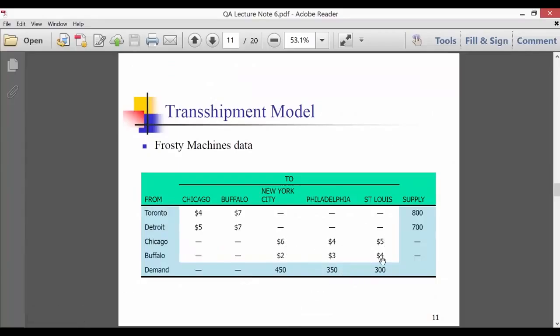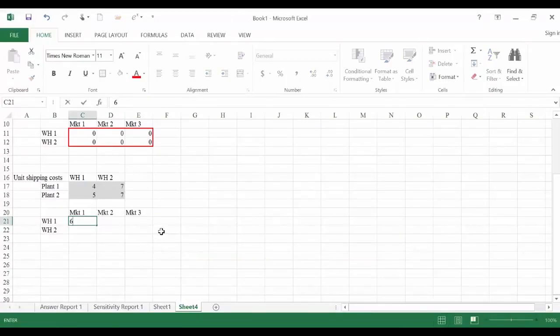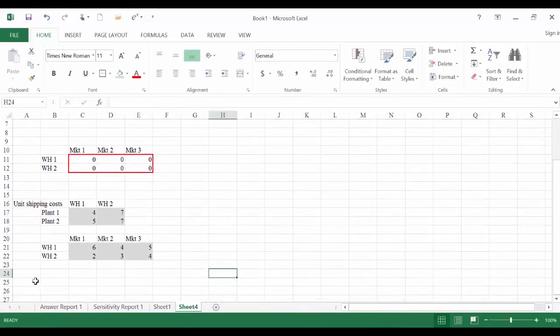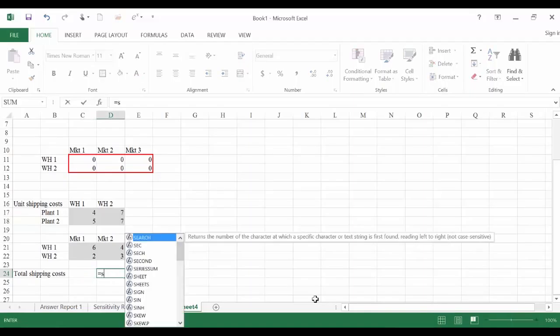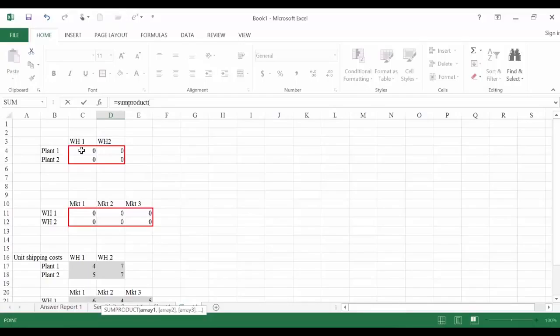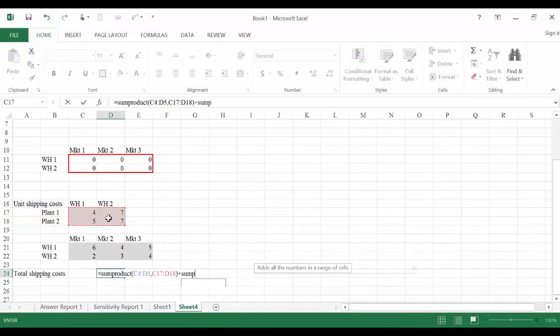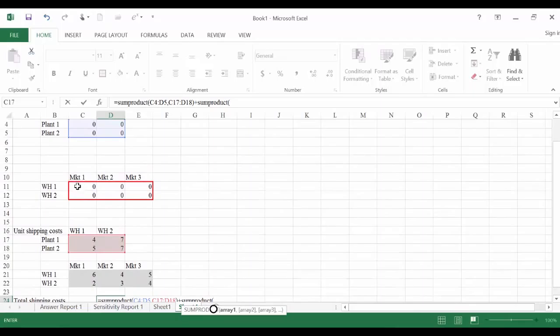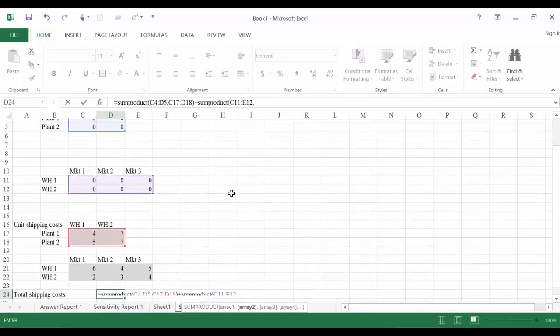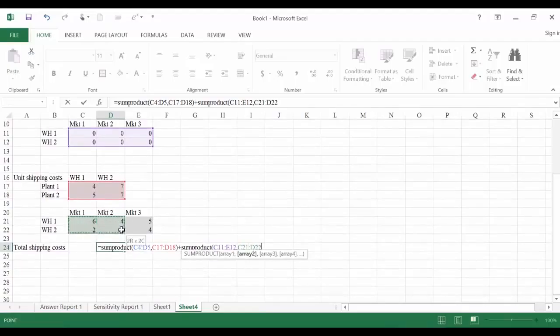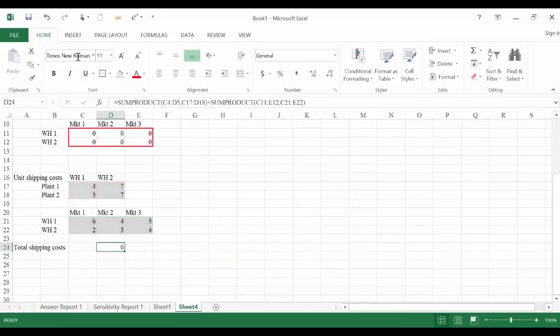So 6, 2, 4, 3, 5, 4. So the total shipping costs should equal the sumproduct of shipping the products from different plants to the warehouses, plus the sumproduct of the shipping costs from warehouses to the final destinations, different markets.